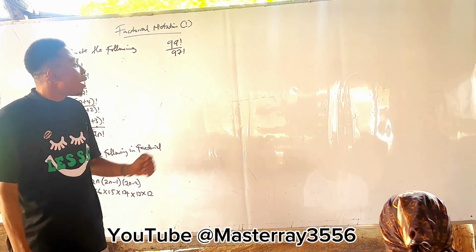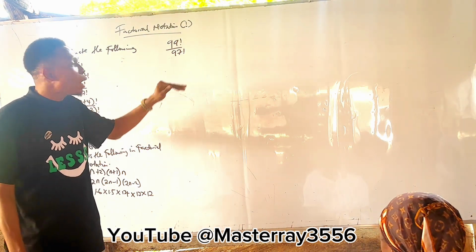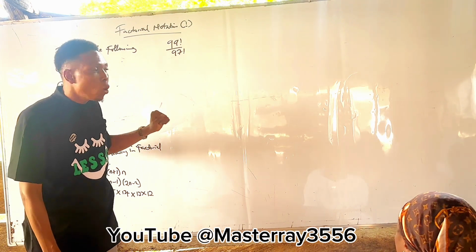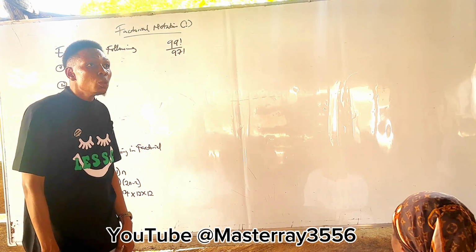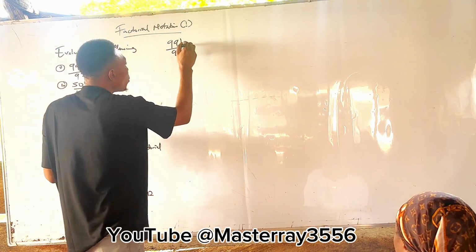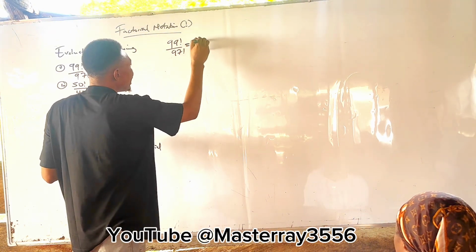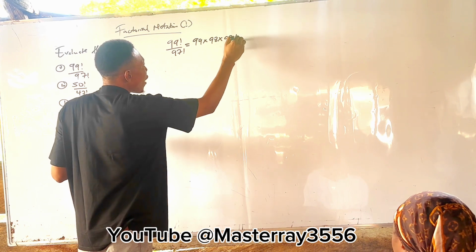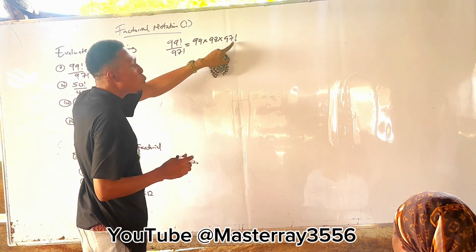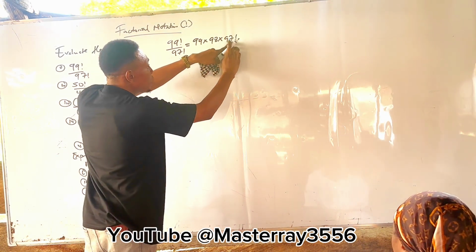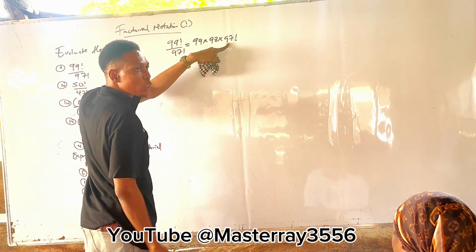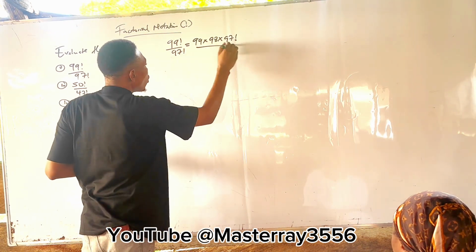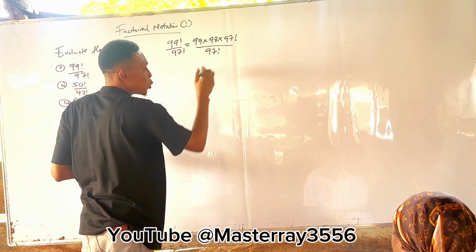Whenever you have a division like this, you check what you have in the denominator. You have 97. So it goes like 99 times 98 times 97 factorial. What this simply means is taken as a continuation. Are you following? Then all over 97 factorial.